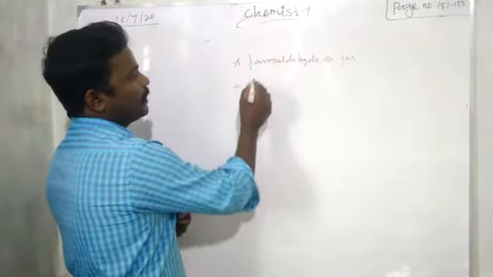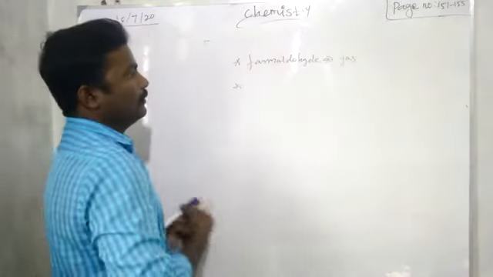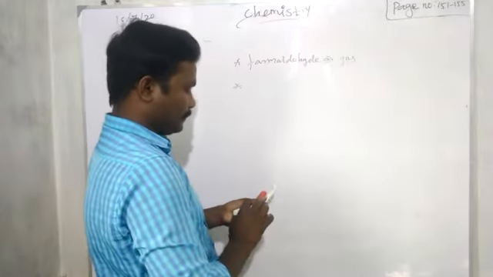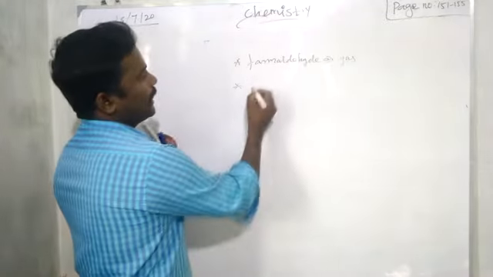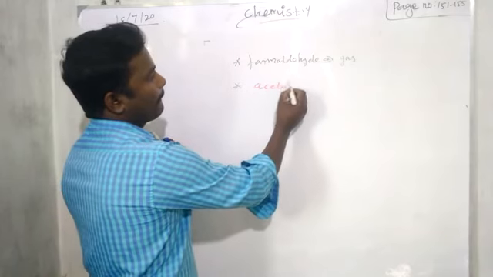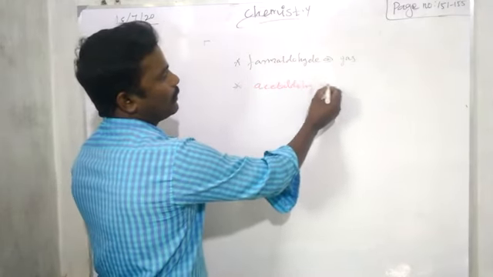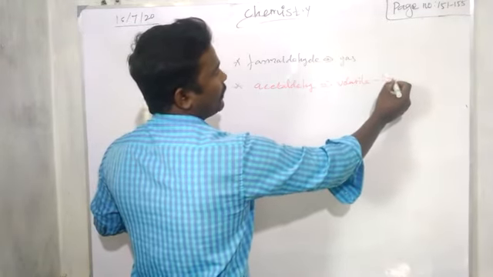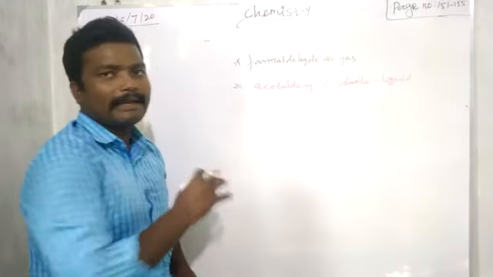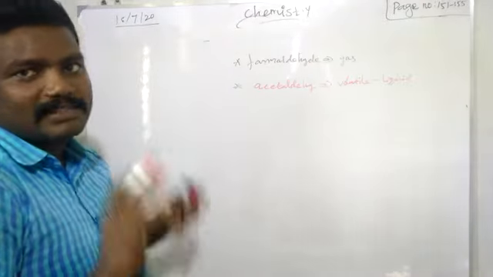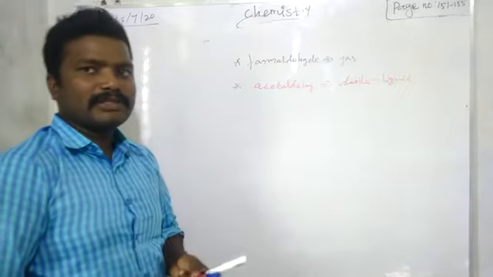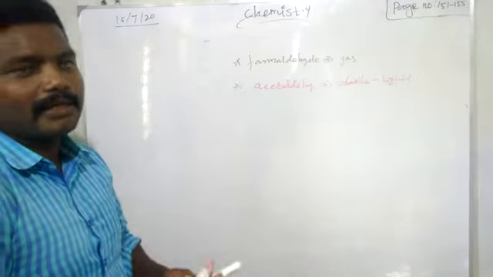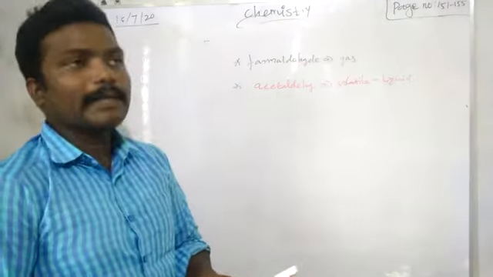Then acetaldehyde, a 2 carbon aldehyde, is a volatile liquid, okay? All remaining are colorless liquids. Some of the higher members are solid, that means aldehydes with more carbons are in the solid state, okay? Then boiling point, okay?